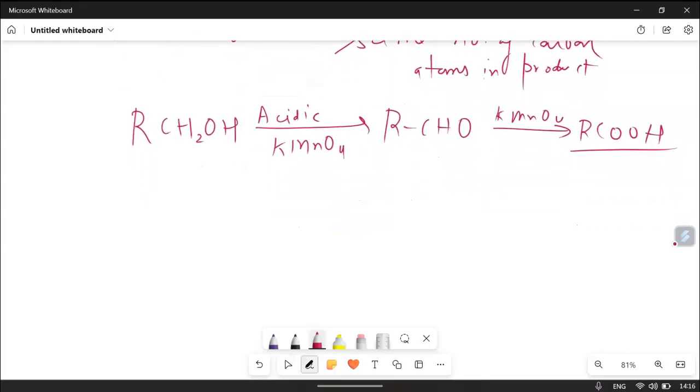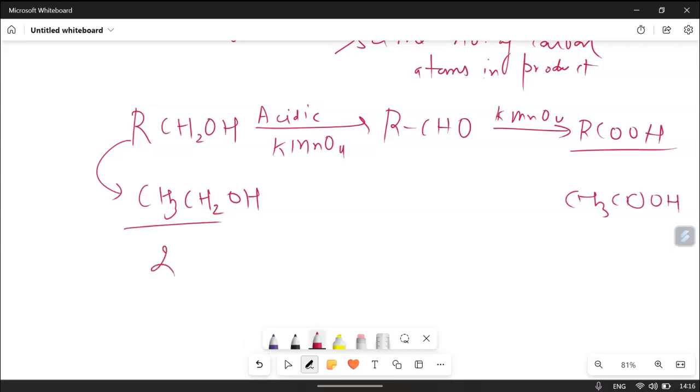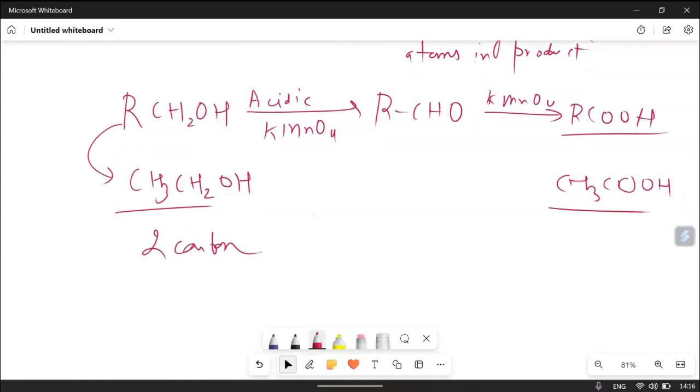You can write down an example in terms of CH3CH2OH. It will form CH3COOH, acetic acid. So here 2 carbons and the result also 2 carbons.